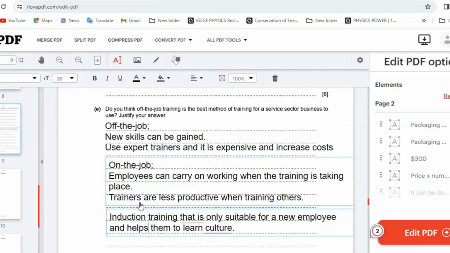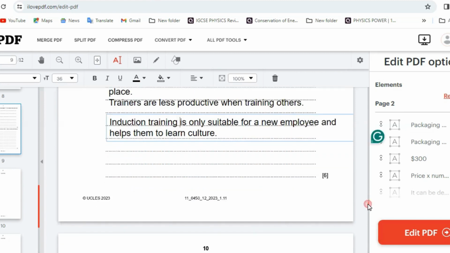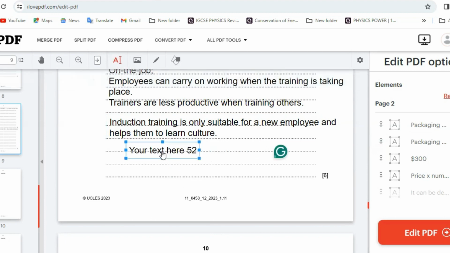Now let us pick one justification here. Let's choose the first one, that is off-the-job training. Let's put the justification and end this past paper.